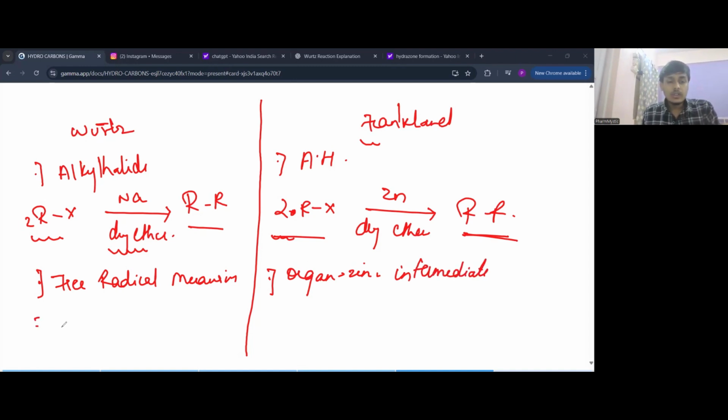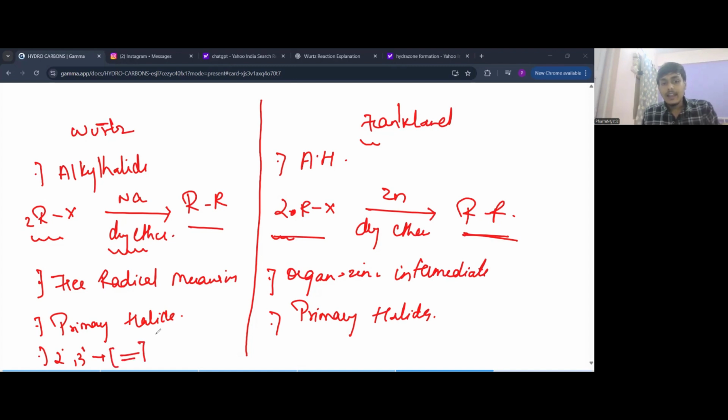This is highly suitable for primary halides. This too is suitable for primary halides. Secondary and tertiary alkyl halides give alkene, that is the elimination product.